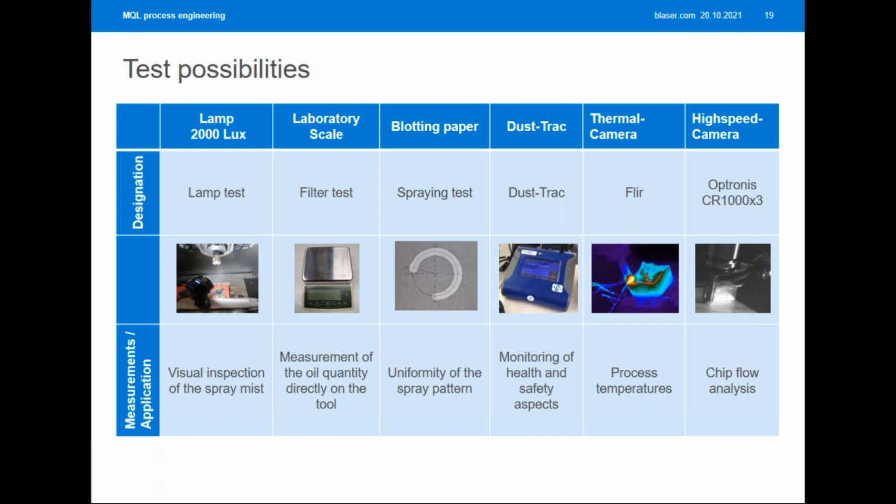And we developed a filter test to really measure the amount of oil that is brought to the cutting area, so the amount of oil that comes out of the tool, where we can test different tools from customers also, or from tooling partners.